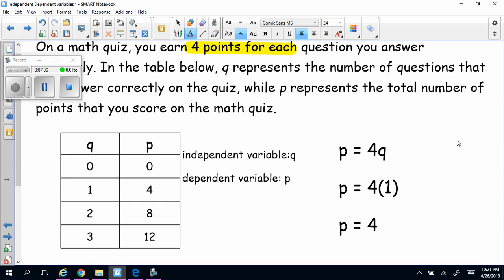This is how an equation would work with your table, where again, your points depend on how many questions you get right. And there's 4 points for each question. So go ahead and write this example down too, to see how each value would plug in.